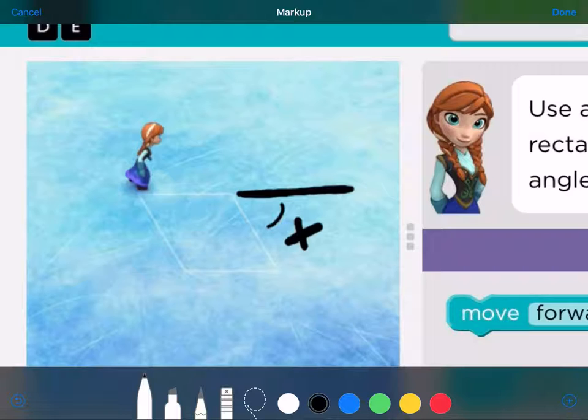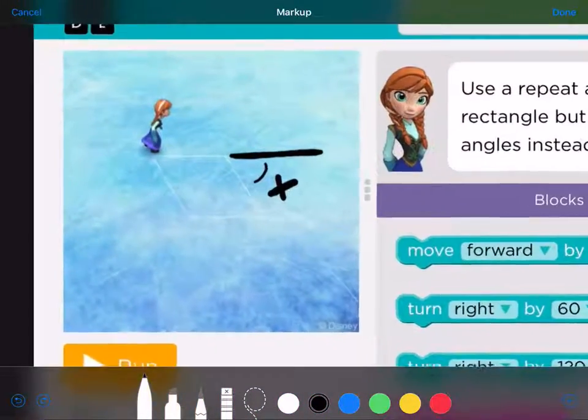So I know that this angle is less than 90 degrees, because 90 degrees would be like that. And so it's going to be an acute angle, which would be the 60 degrees.